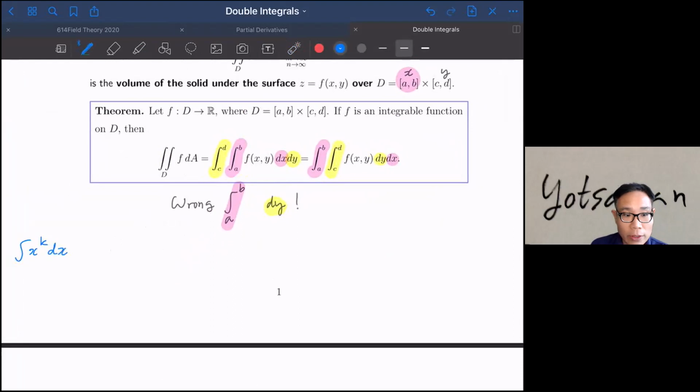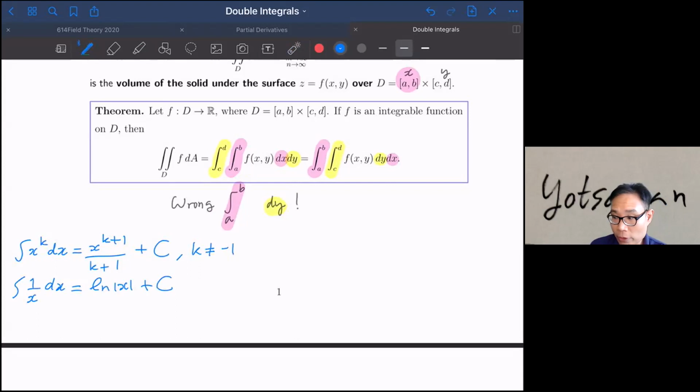For this one, it's just x to the k plus 1 over k plus 1 plus constant c, when k is not equal to -1. And when you integrate 1 over x dx, it's going to be log absolute x plus c. So those are the two formulas for power functions.